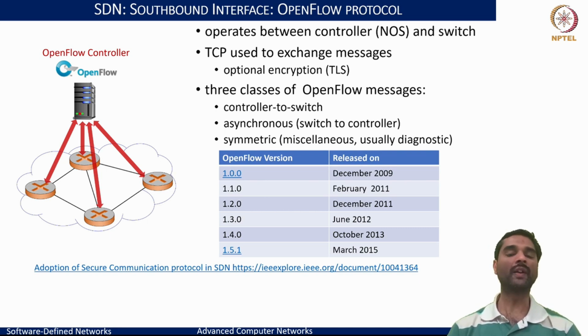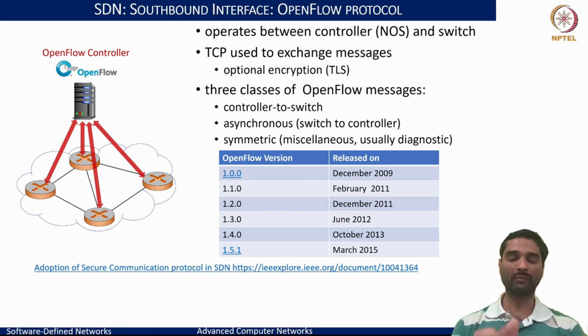And to facilitate this communication, the TCP protocol is used to exchange the messages. Often, this can also be encrypted, and we could use any of the TLS variants to facilitate secure communication for the southbound APIs. This basically abstracts all the interfaces that are necessary to communicate from a switch to the controller and vice versa.